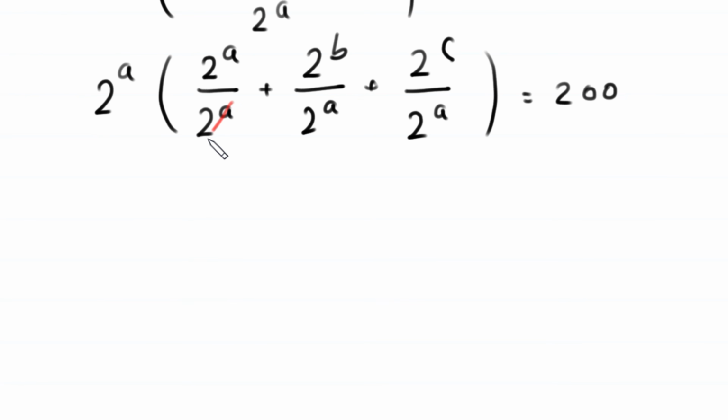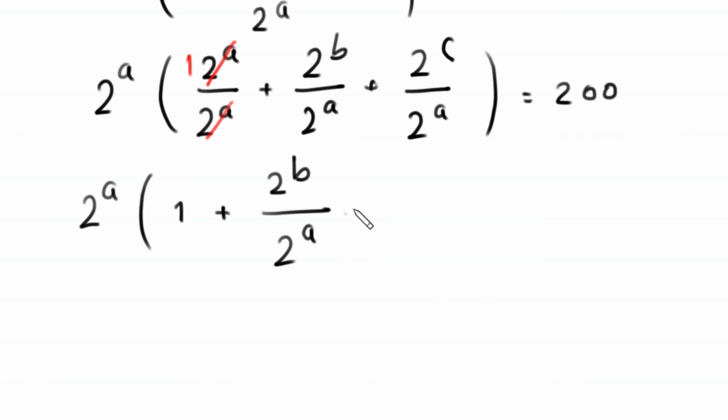Now this 2 to the power a will be cancelled out and here we are left with the 1. So this will become 2 to the power a times (1 plus 2 to the power b divided by 2 to the power a plus 2 to the power c divided by 2 to the power a) equal to 200.